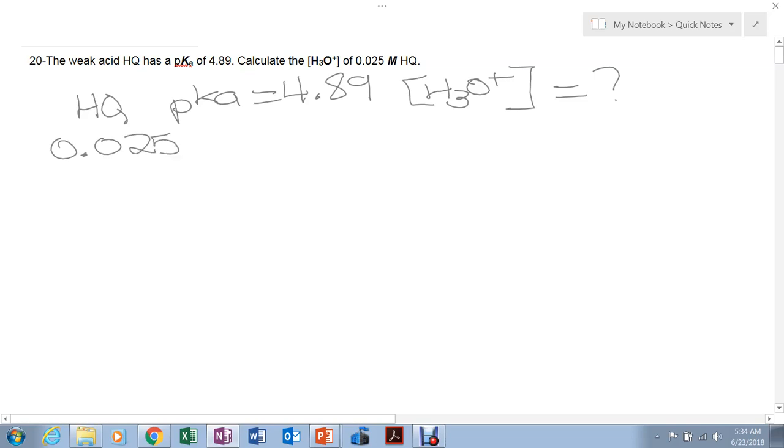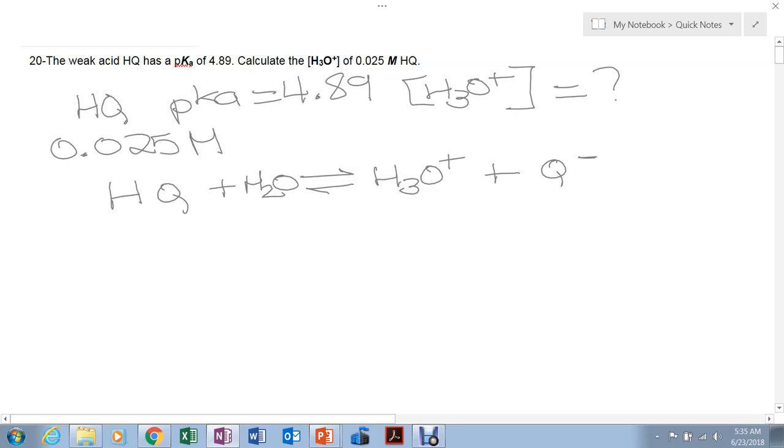This is any acid. So we got here that HQ plus water, ionization, H3O plus, Q minus.